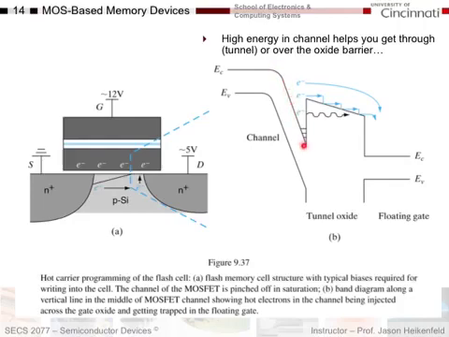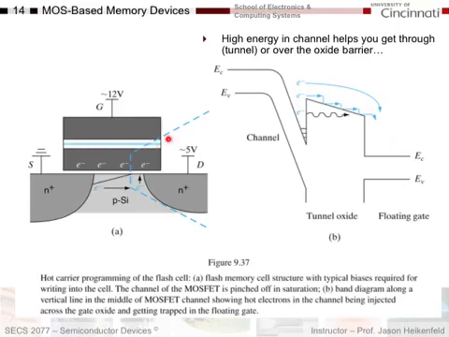I get enough band bending that I get inversion here. And I accelerate my electrons at high enough speeds such that they start to exist at higher energies in the channel. If I accelerate them to high enough energies, they could be up here, and they can then get over the barrier and start to deposit in the floating gate.